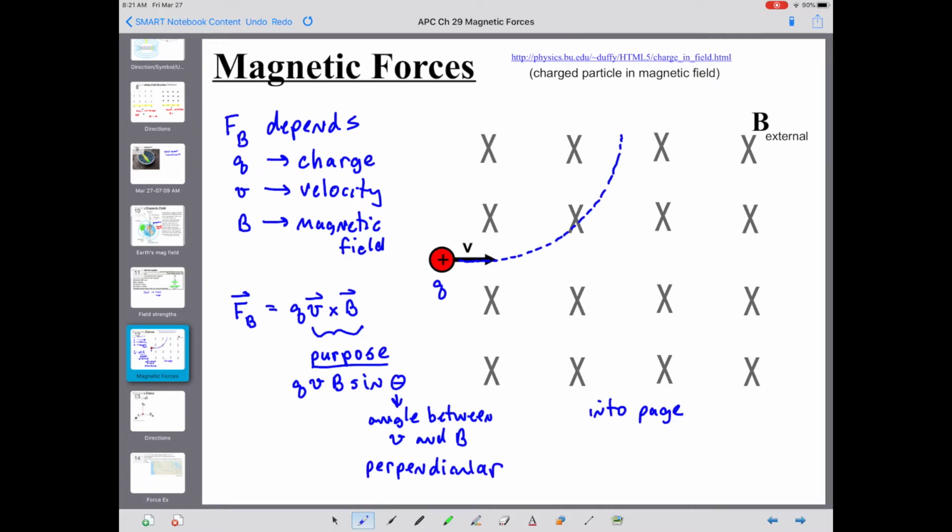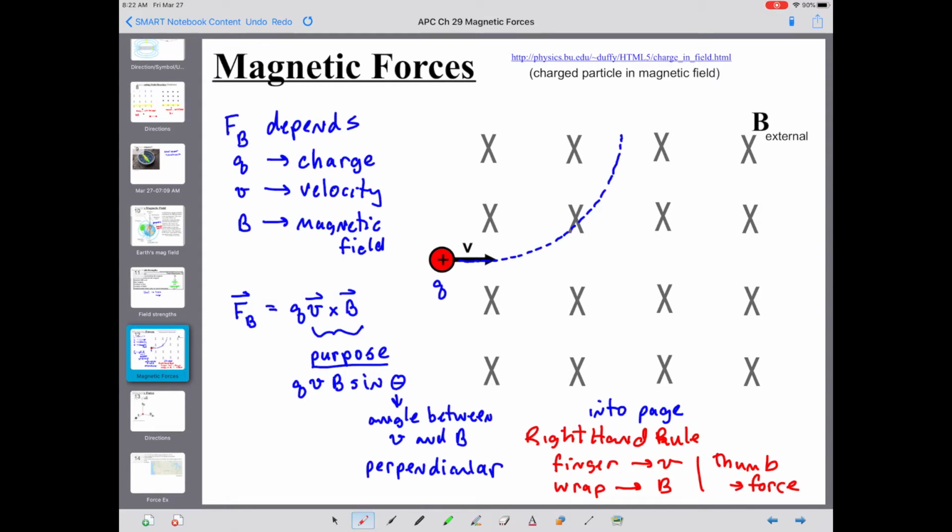To apply the cross product, so on the right-hand rule, fingers in the direction of V, then you wrap to the direction of B, then your thumb gives the direction of the force. I'll show this live here in just a minute.